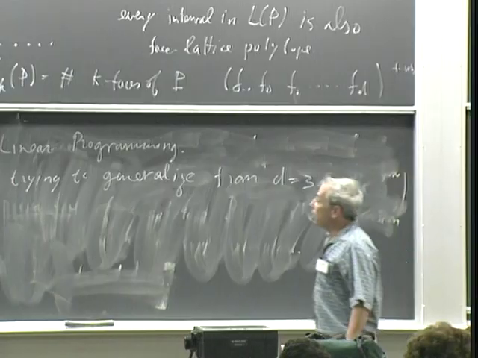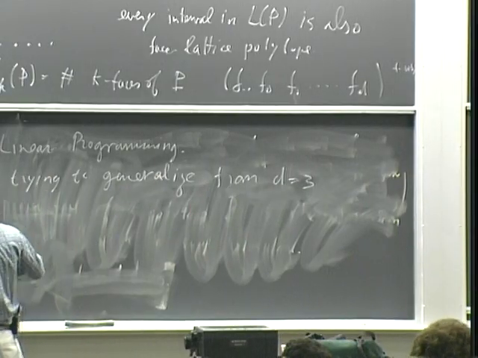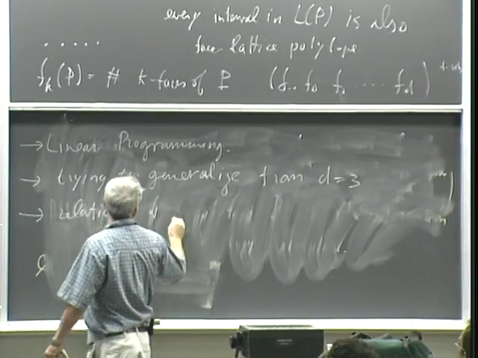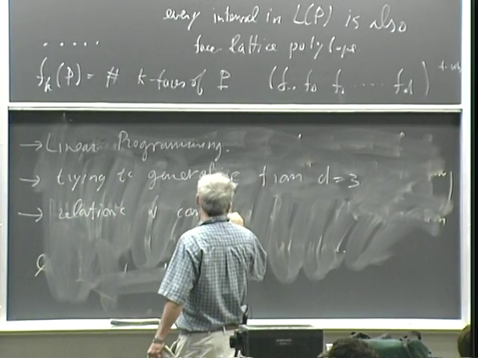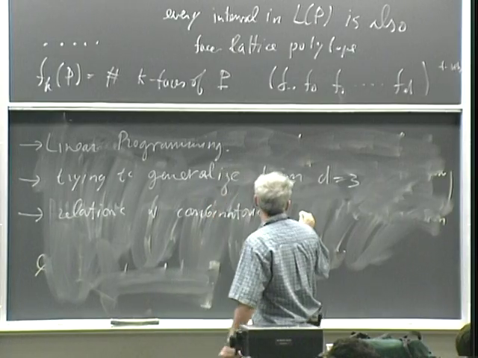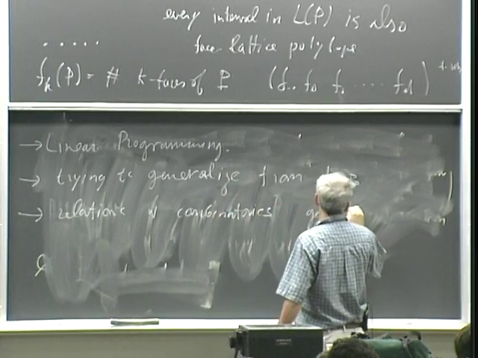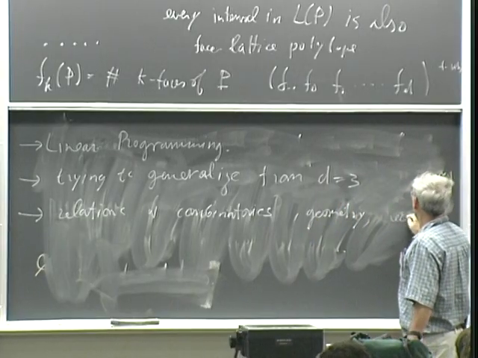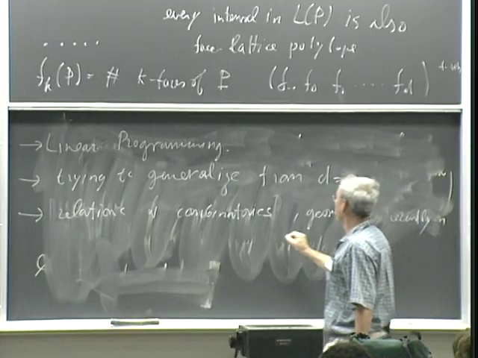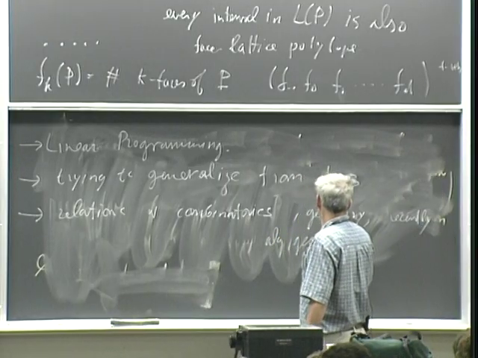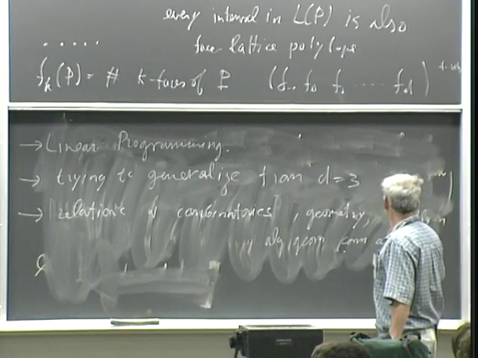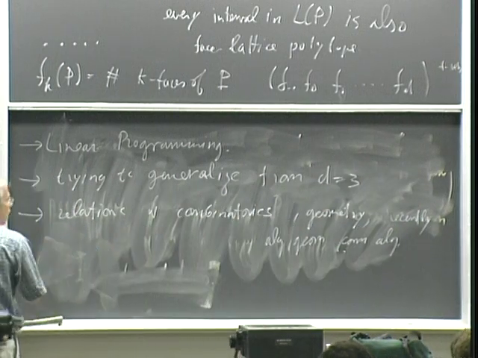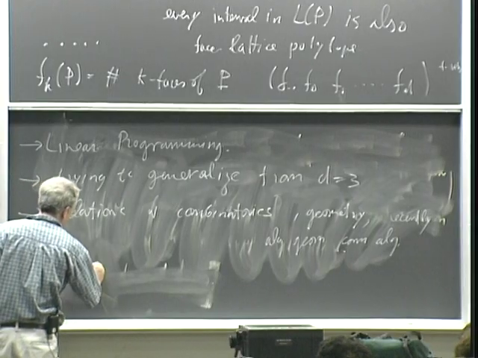And then it turns out that there are a lot of relations with combinatorics, geometry, so metric problems, and recently algebraic geometry and commutative algebra, which also introduce a lot of interesting problems.